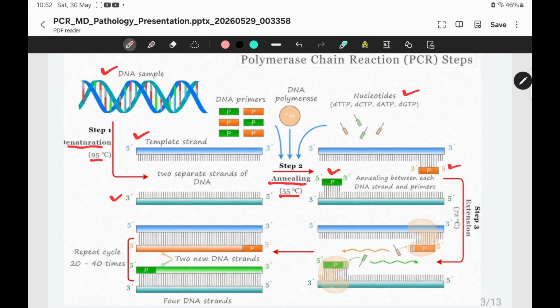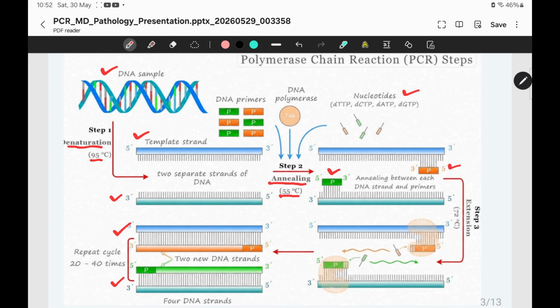In the next step, extension happens and a new DNA strand forms with the help of the nucleotides or the dNTPs. And likewise, two new DNA strands have been formed. This is the first double-stranded DNA and this is the second double-stranded DNA.